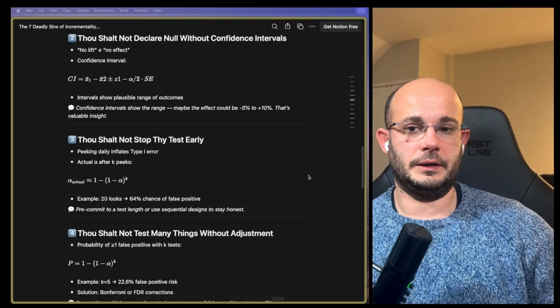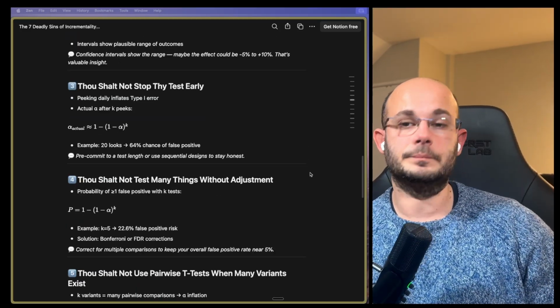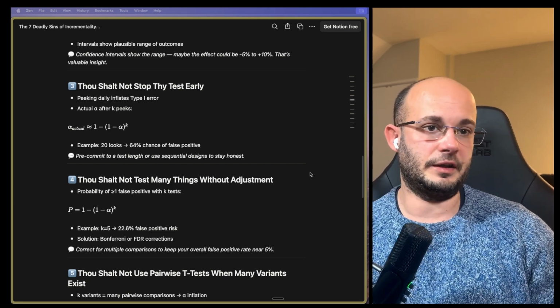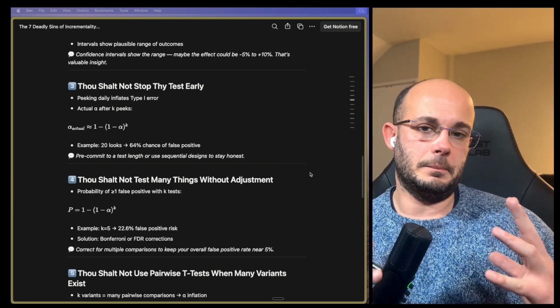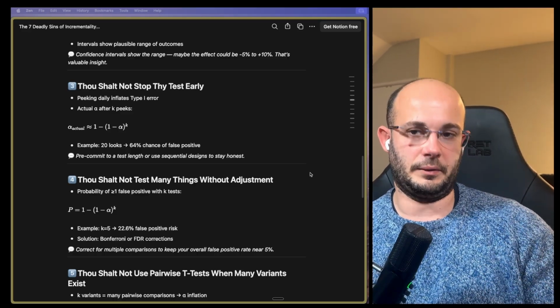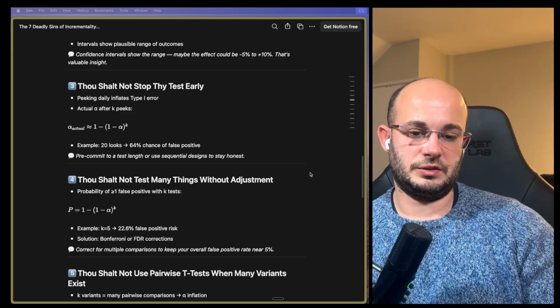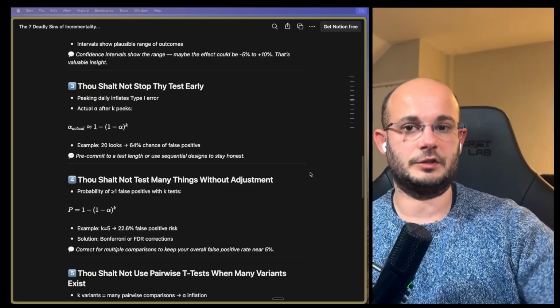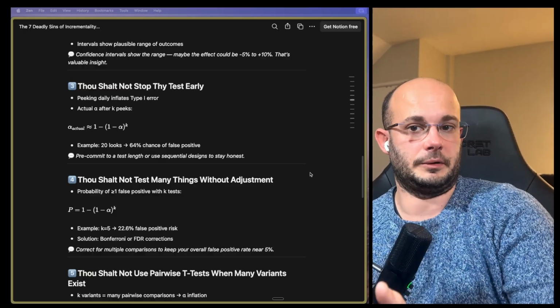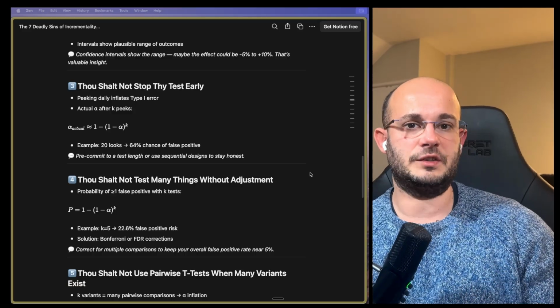The fourth one is, thou shalt not test many things without adjustment. And you need to be careful about making multiple comparisons. Most tests, especially the common hypothesis test, where you're testing a null hypothesis versus an alternate hypothesis, are pairwise tests.